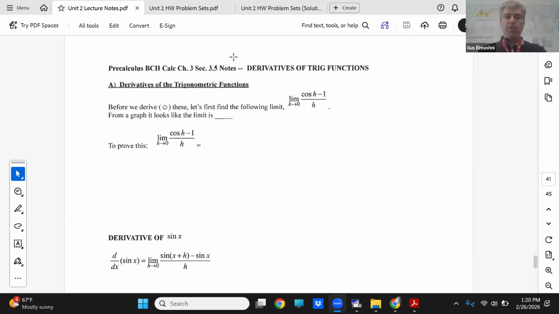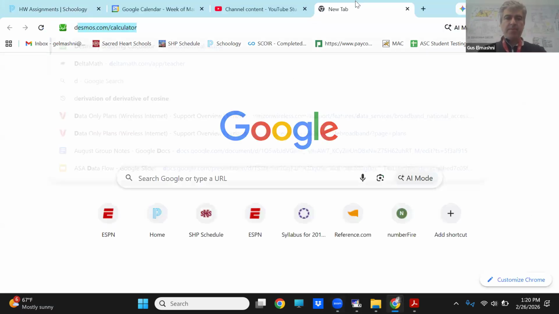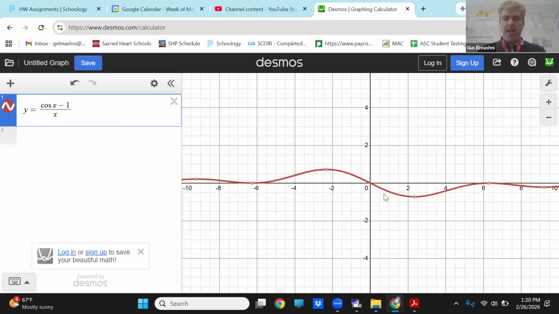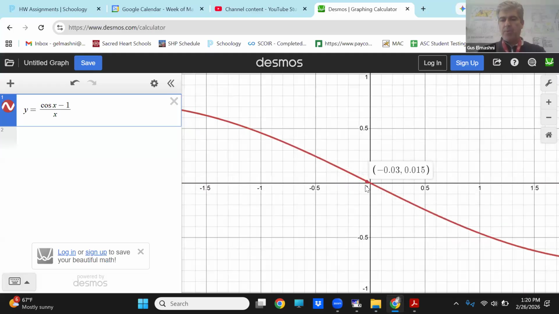Now, if I go to Desmos and graph y equals cosine x minus 1 over x, as x approaches 0, obviously it's undefined at 0, but you can see the approach. As I approach 0 from the left and from the right, my limit is going to be 0 in each case, right?